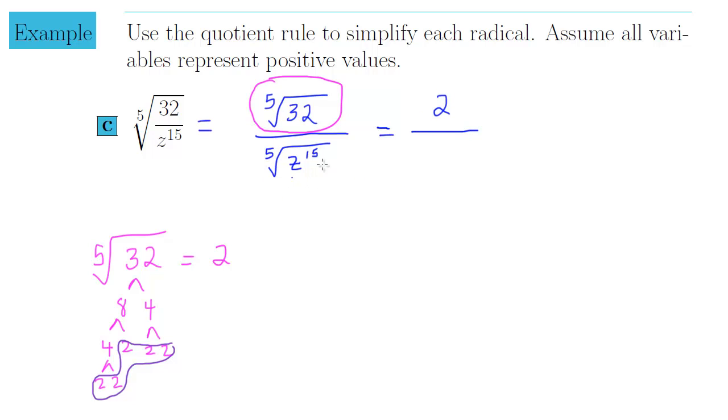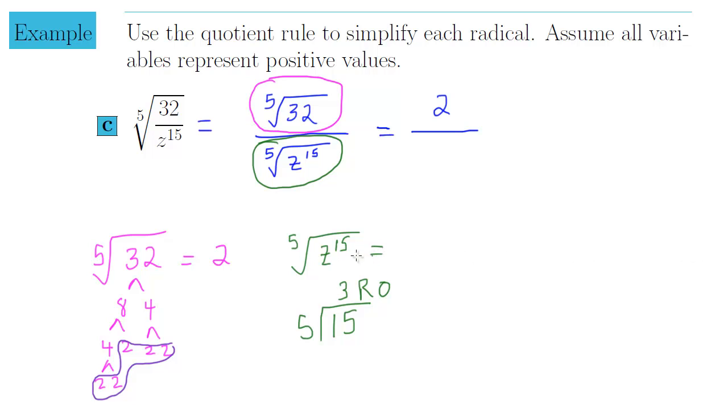Next, we have to talk about the 5th root of z to the 15th. So this guy's got to get simplified. If you do the 5th root of z to the 15th, you're looking for groups of 5 factors. So we're going to break our 15 z's into groups of 5. 5 goes into 15 3 times with no remainder, which means that we're going to get a z cubed on the outside and no z's left on the inside.